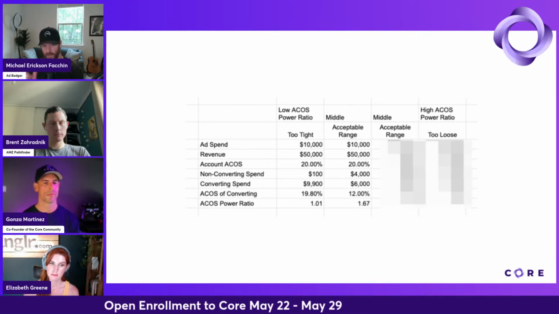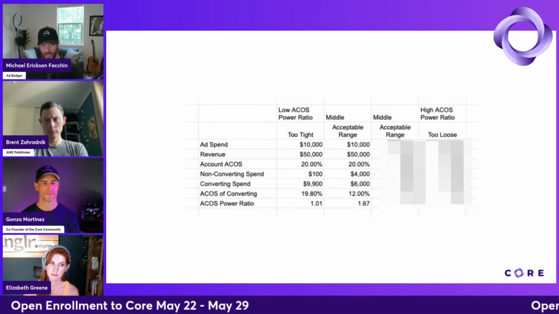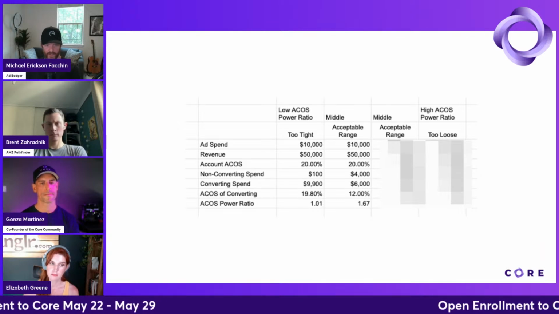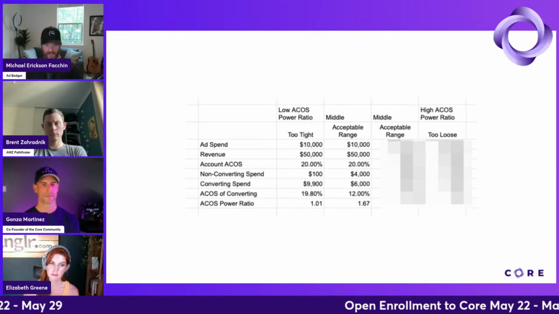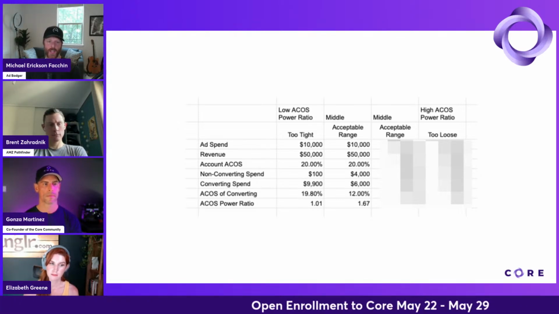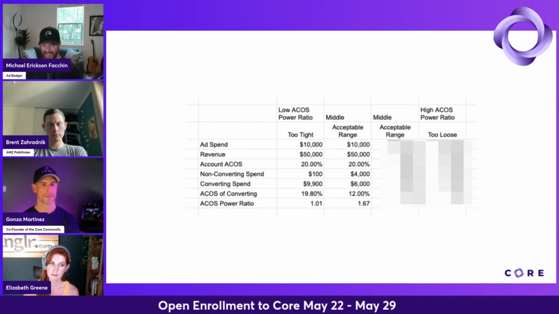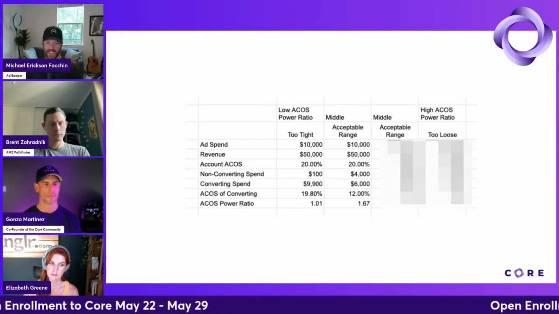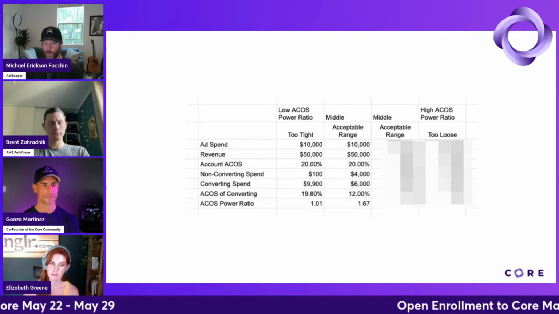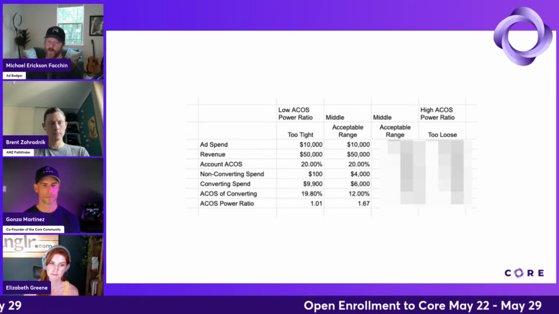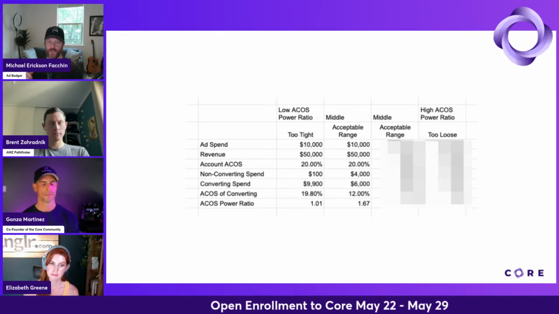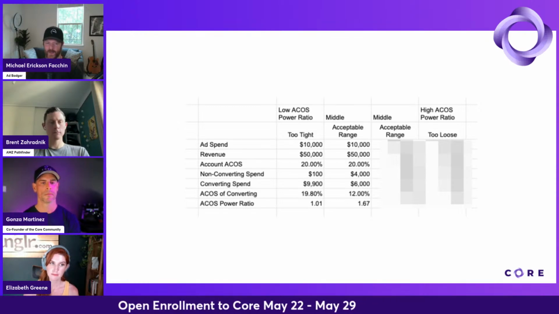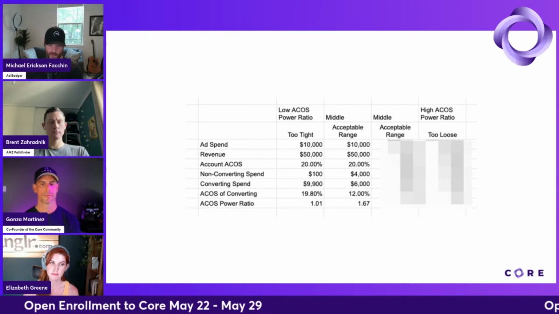If we go into the middle scenarios, same $10,000 spent, same $50,000 of revenue, same 20% ACOS. Here, we end up with $4,000 of non-converting spend and $6,000 of converting spend. If I only spent money on the things that converted, I'd have a 12% ACOS. So I put 20% over 12%, and that's a ratio of 1.67.